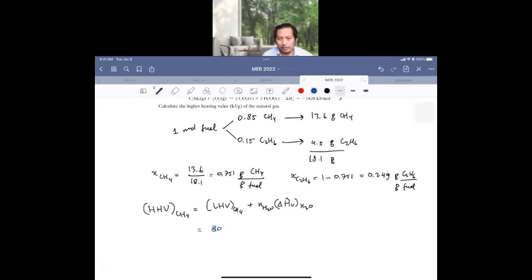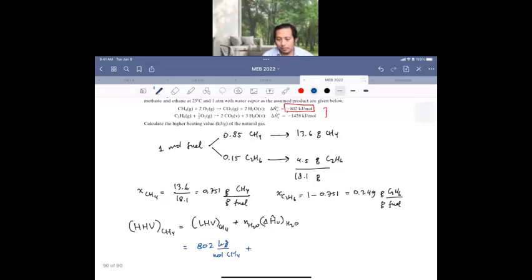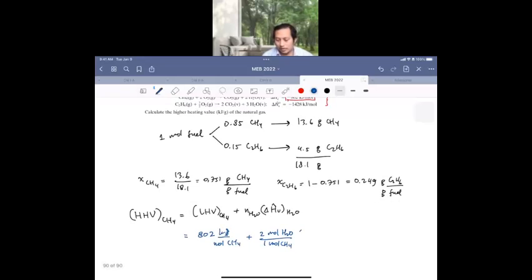So 802 kilojoule per mole plus, the mole is 2, right? 2 mole H2O per 1 mole CH4, from the stoichiometric reaction, and this is 44.013 kilojoule per mole of H2O.